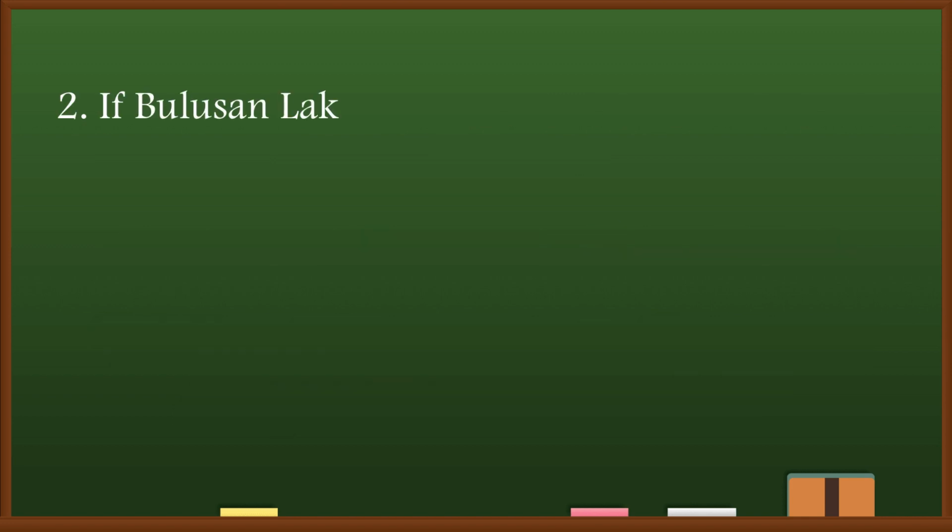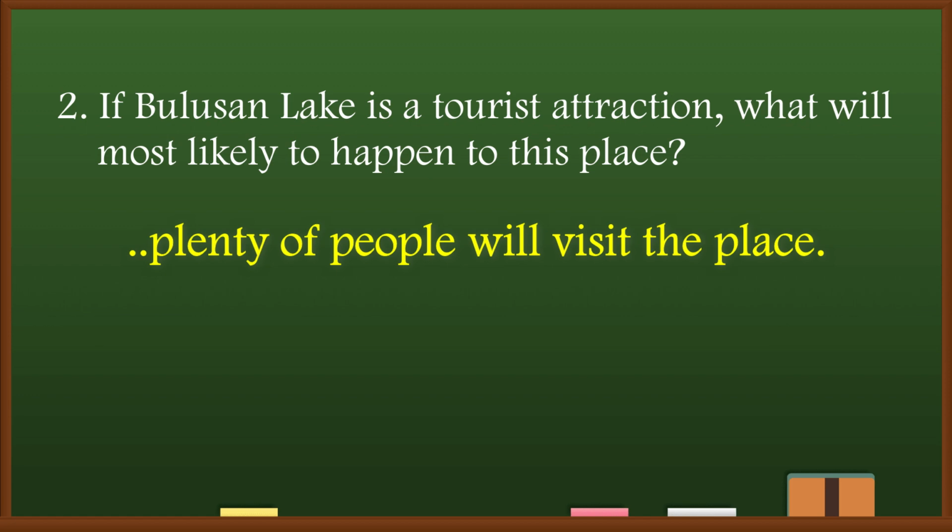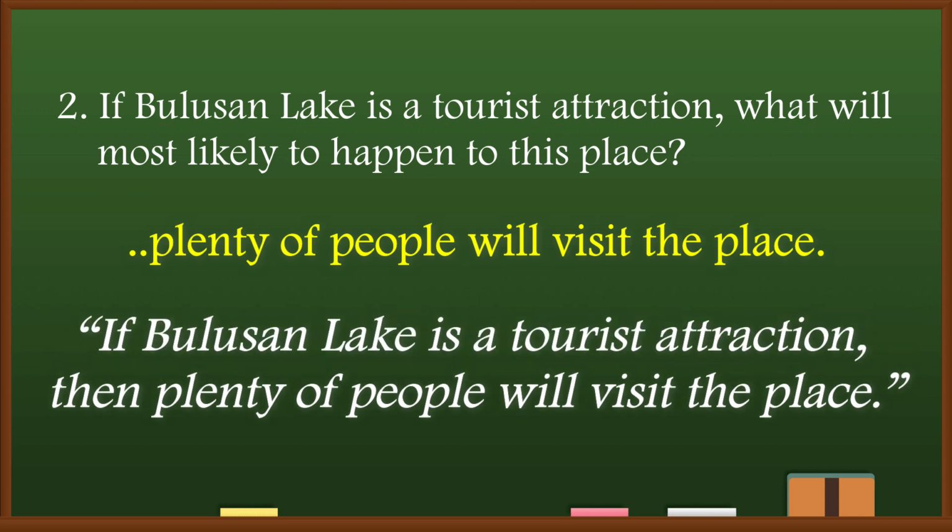For number 2, if Bulusan Lake is a tourist attraction, what will most likely happen to this place? Probably, plenty of people will visit the place. Therefore, the statement will be, if Bulusan Lake is a tourist attraction, then plenty of people will visit the place.